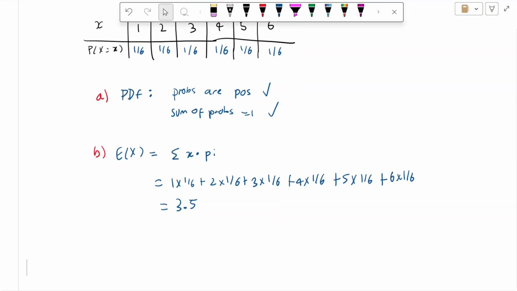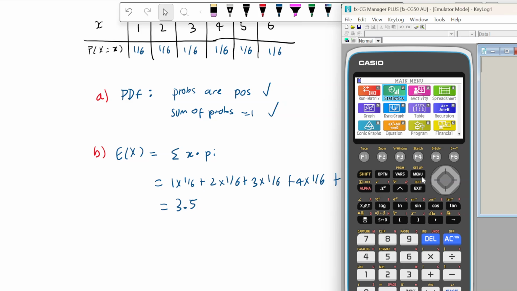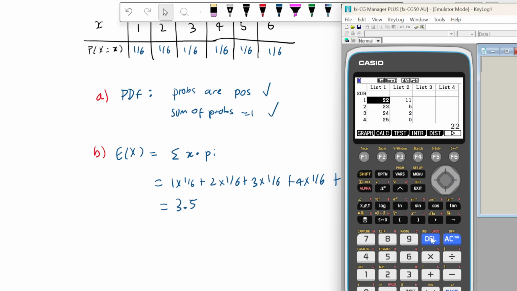And I'm also going to verify that. So if we go into our stats list and we just clear off everything, you can actually enter this data as a PDF. So enter it like that. And we can enter 1 out of 6 for each probability.